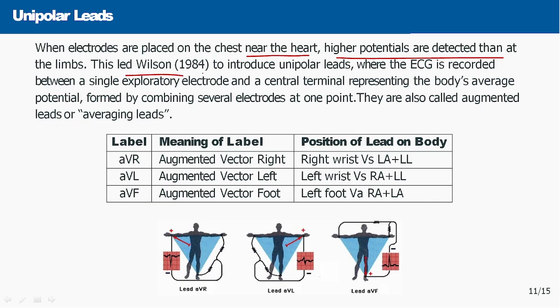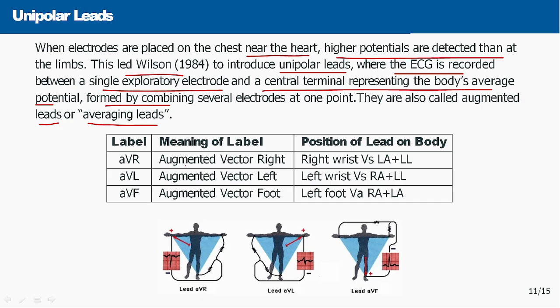This led Wilson in 1934 to introduce unipolar leads, where the ECG is recorded between a single exploratory electrode and a central terminal representing the body's average potential, formed by combining several electrodes at one point. They are called augmented leads or averaging leads.